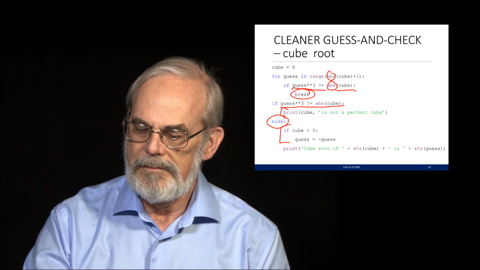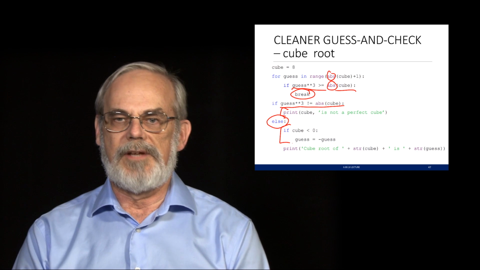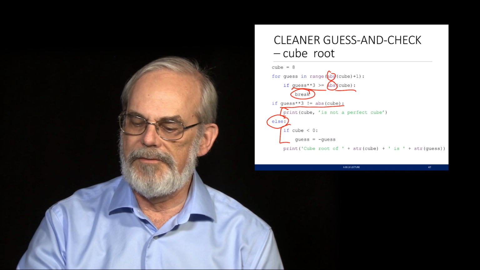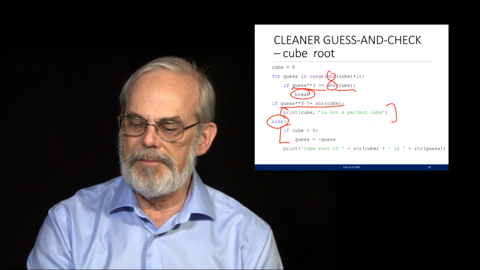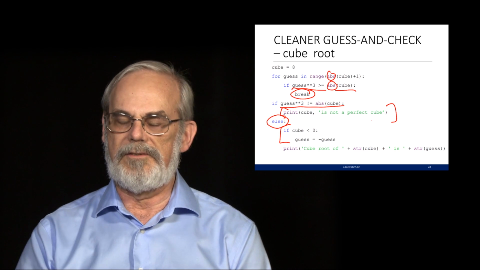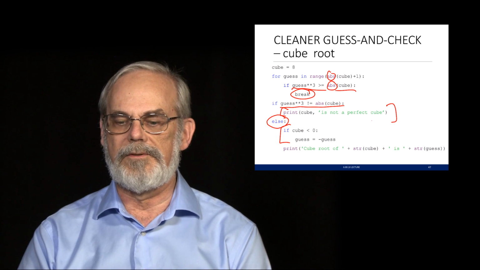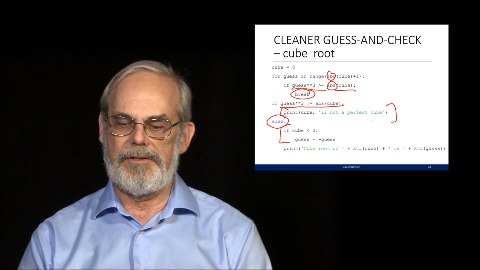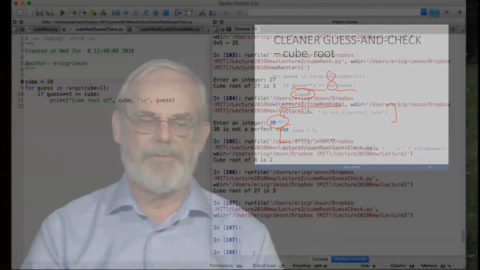Otherwise, do the check with the second piece. And actually, I've done that in an inverse way. Here, I'm checking to see it's not a perfect cube, and I'm going to print that out. If it is a perfect cube, I'm going to basically determine whether I want the positive or negative version of it. So I'm cleaning up two things here. I'm allowing for negative integers, but I'm also allowing for it to print out something that's going to do the right thing.